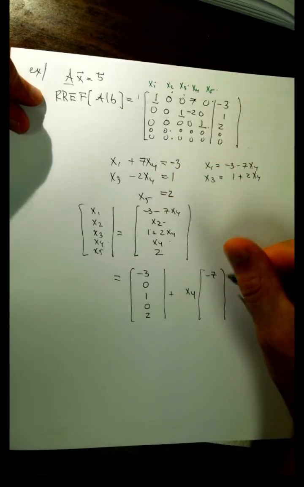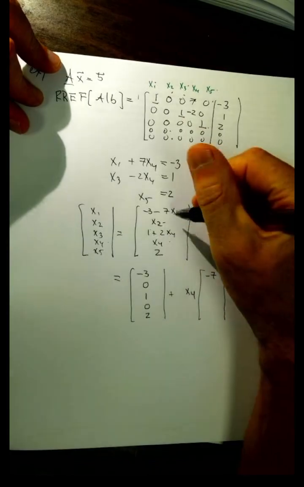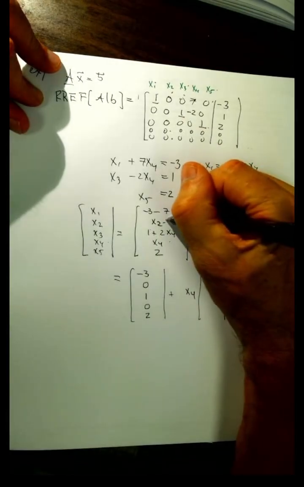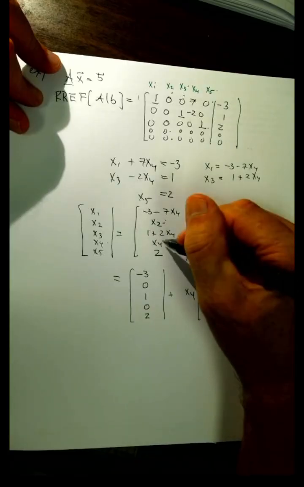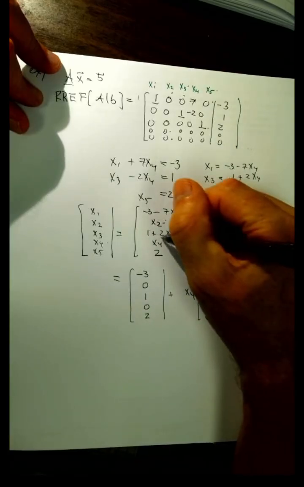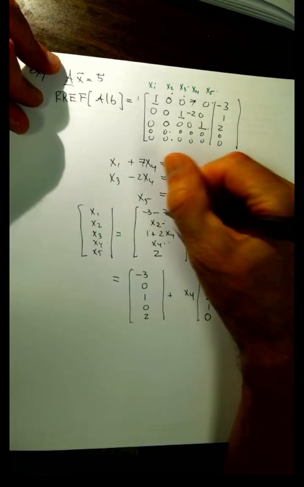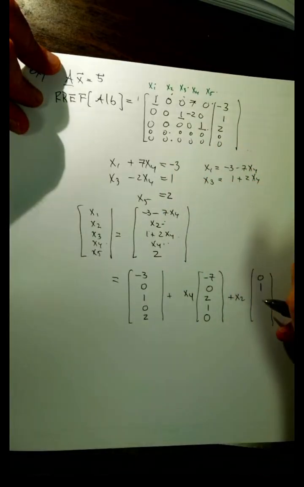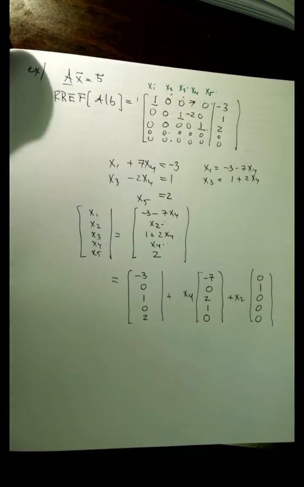I forgot the x2. We'll come back for that. There's no coefficient on x4 in this equation. In this equation, there's a 2x4. Coefficient on this equation is 1, and there's none in that. And then finally for x2, there's none there. There's 1 in the second row, and there's not any in any of the others.